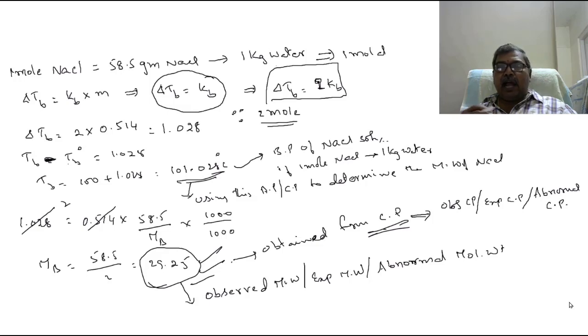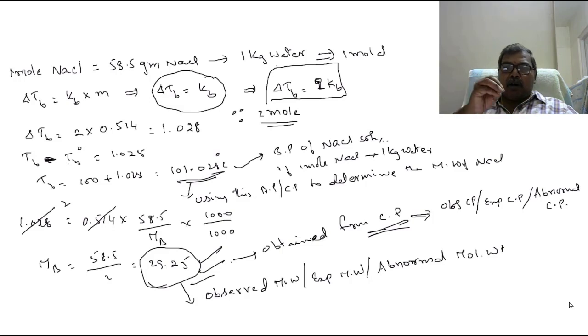So we will not get the real, actual molecular weight of the solute. Right? See, if 1 mole solute is dissolved in 1 kg of water, 1 mole of particles only is present in the solution if the solute is non-volatile and non-electrolyte. So we will get normal colligative property and the normal, actual molecular weight.